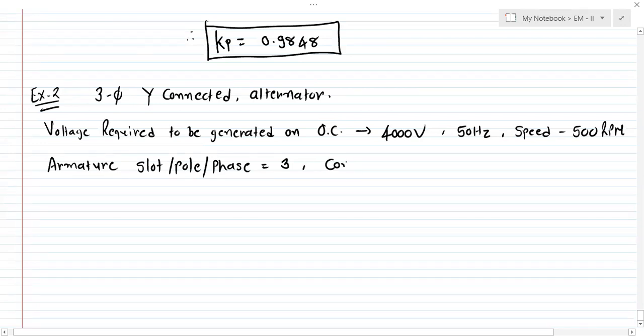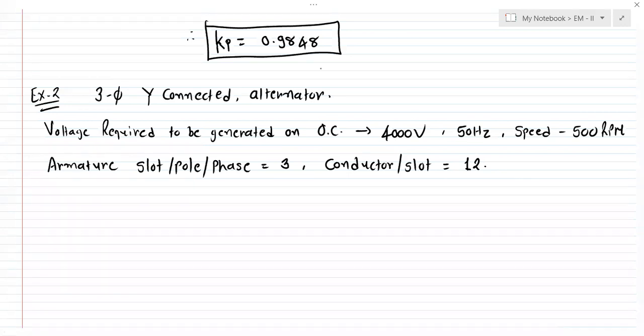We have conductor per slot equal to 12. So now what we have to calculate?